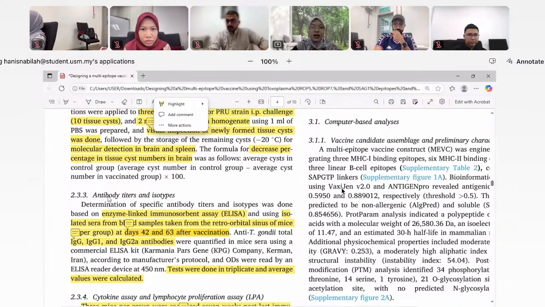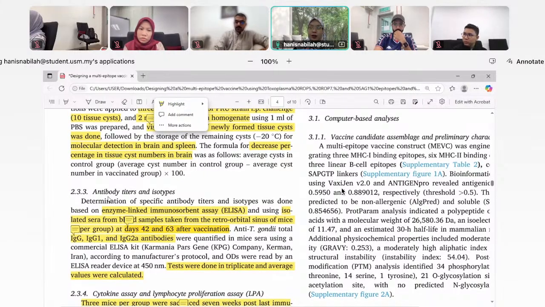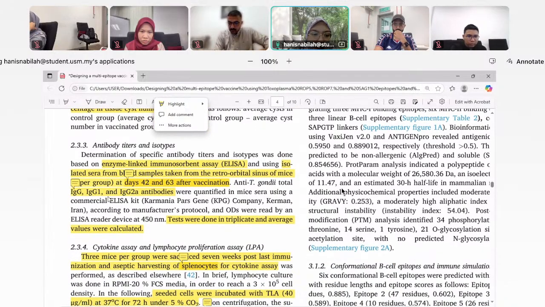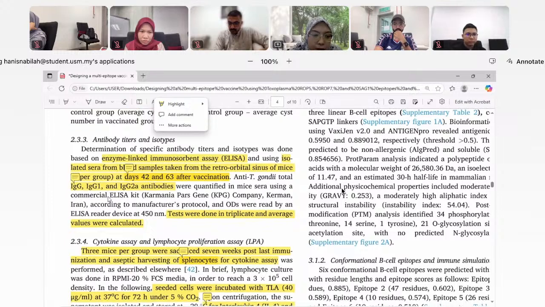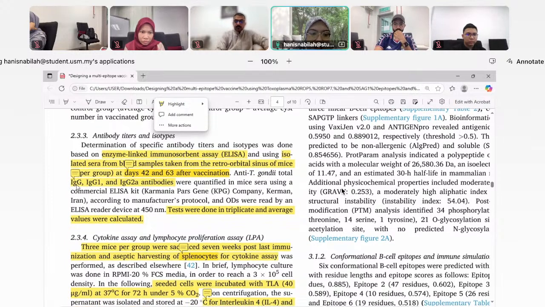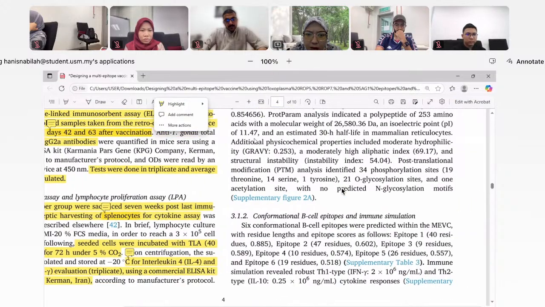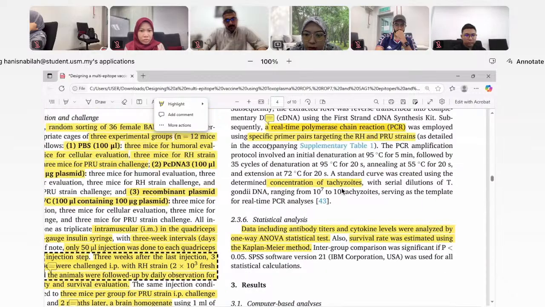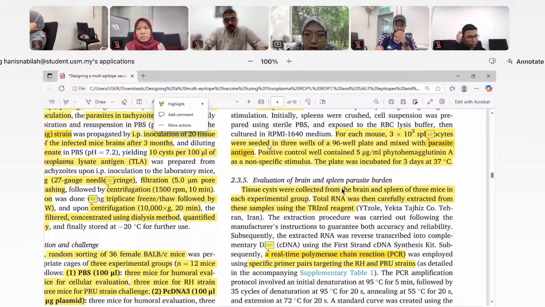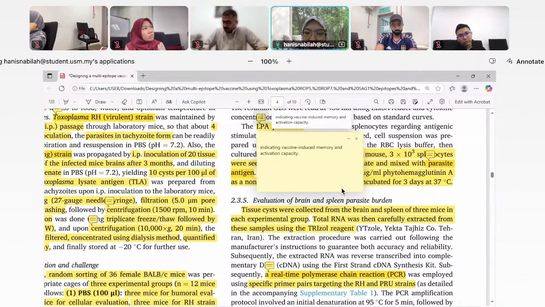Because they check the humoral immune response, they check the IgG, IgG1 and IgG2a antibodies using ELISA, and the cytokine assay and LPA assay for the vaccine-induced memory and activation capacity.